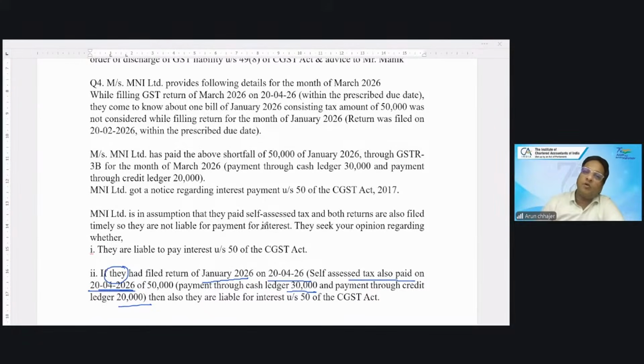Okay, let me go to the provision once again. Tax is paid on 20th April. Linga, now you can tell me the amount. Probably you are right. Balamurugan, now you are right. And Navneet, if they file in the same period, then Navneet is right, absolutely correct.